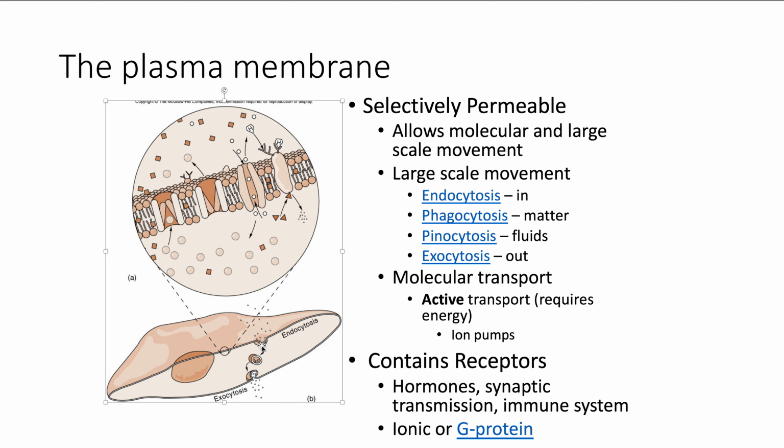So it kind of cleans up the debris, and it would do the same process. It would bring it in, it would form a vesicle with it, and then we'll talk about how it deals with it afterwards. So that involves bringing in something that needs to be neutralized, phagocytosis.